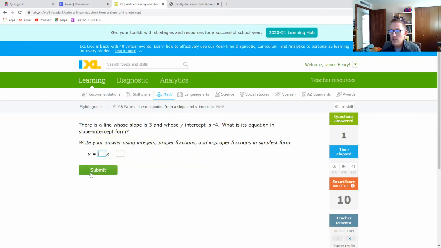So you're just going to take the 2 clues and plug them in. Here's one with a negative. You'll see they already put the negative sign in the equation. There's a line whose slope is 3 and whose y-intercept is -4. So a slope of 3 goes right there. And I'm not going to type in a negative again because they already put the negative there for me. So I'm simply going to put the 4 in there.